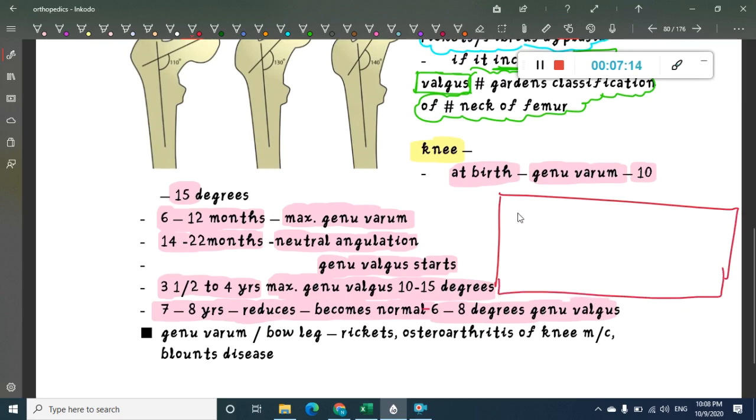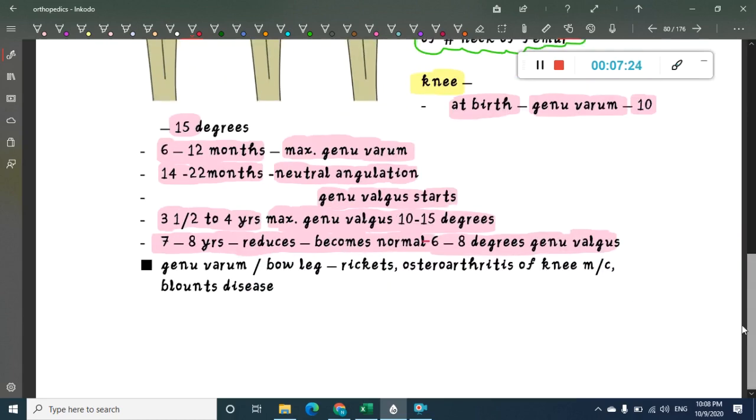So if you see from birth, I'll write here. Okay, so this is the timeline from birth. At birth we have 10 to 15 degrees of genu varum, and from there this genu varum will increase.